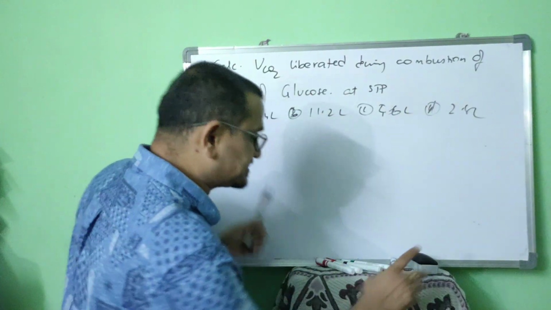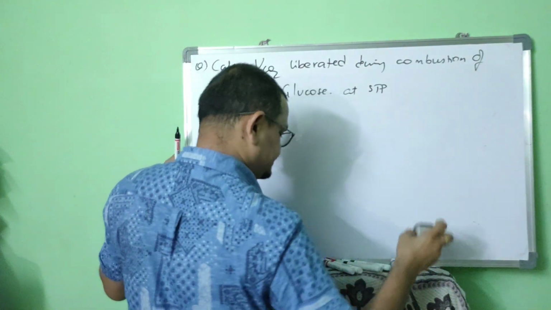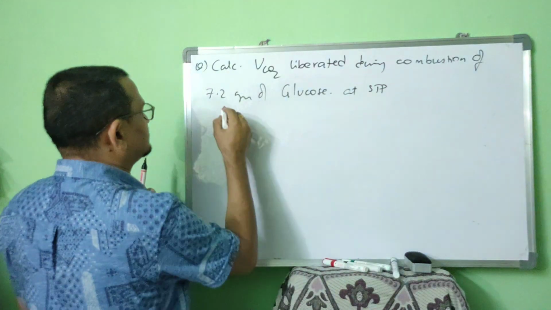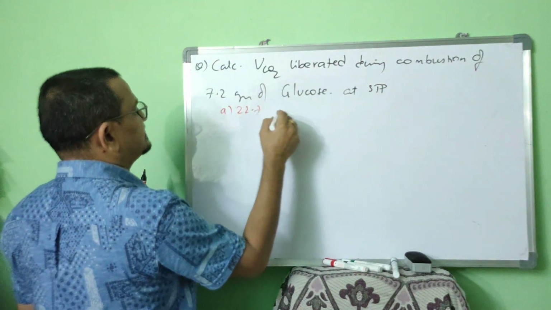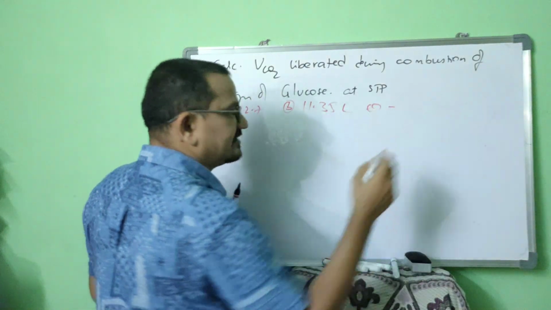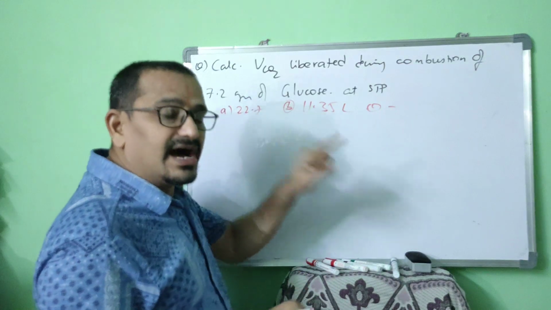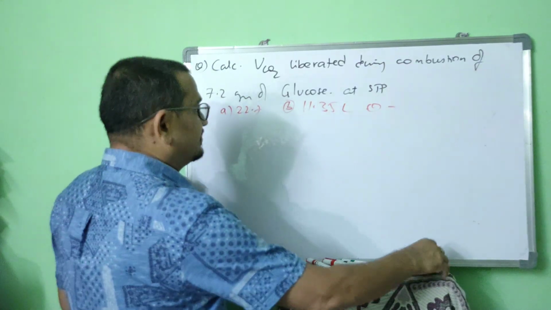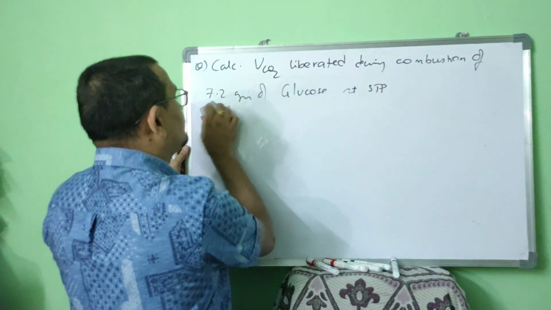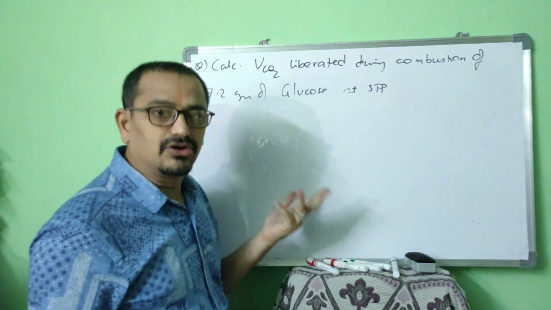Instead, if they give values like 22.7 liters, 11.35 liters, and a relevant third value, then we have to understand that they are following IUPAC STP conditions. This point of observation is very, very important, otherwise you may go to the wrong approach and get a wrong answer.